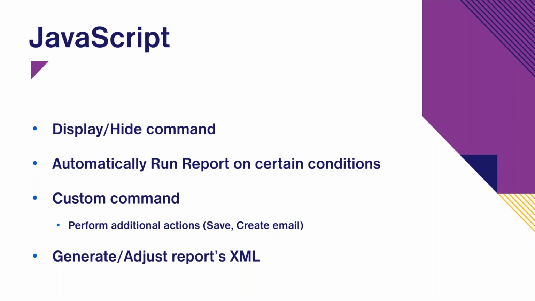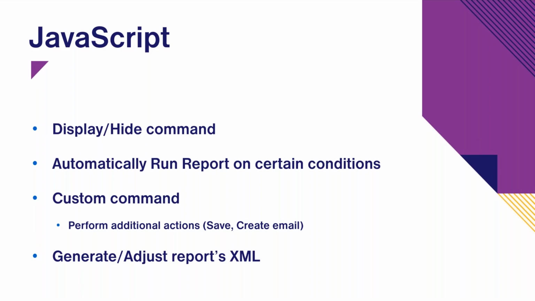And then it is also possible to use some advanced logic using JavaScript. Of course, if onCanExecute is not enough and you want to use more advanced logic to display or hide the command, then JavaScript is here for you. But you can also use JavaScript to automatically run the report when certain conditions are met, so without the user's interaction.